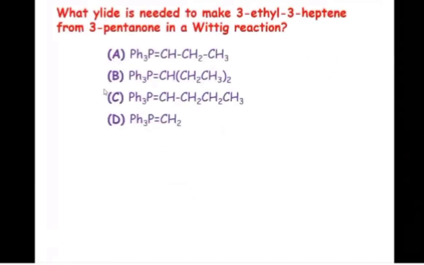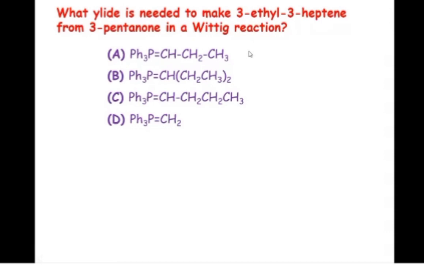Then see, this is a very difficult question. If you have this question in a university examination: what ylide is needed to make 3-heptene from 3-pentanone in a Wittig reaction? To solve such a question, you need to know about the Wittig reaction.